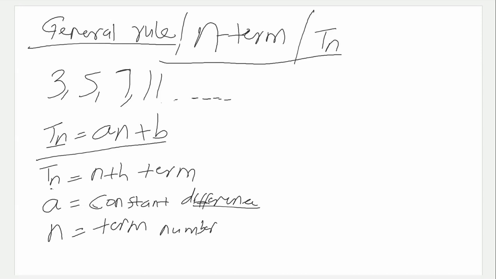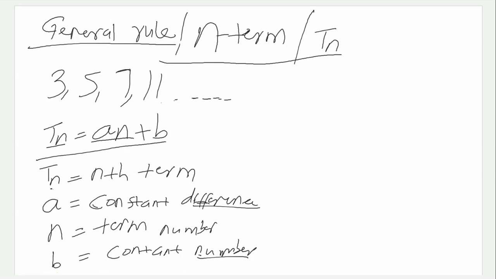So term number 1, term number 2, and so on. And then B is our constant number. It's not the constant difference, but it's the number that you add after this product.